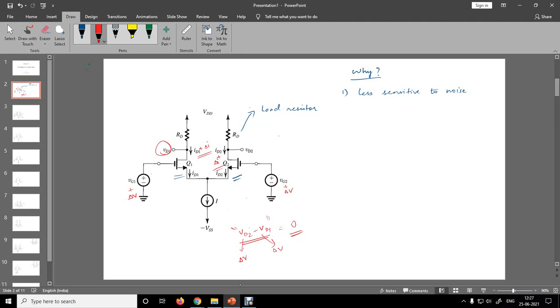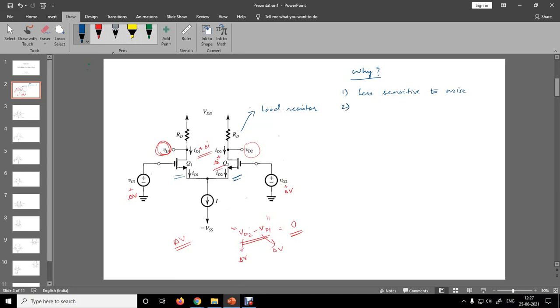Then when I take just VD1 or VD2 as my output, I have that delta V noise component in my output. But if I take the difference VD2 minus VD1, those noise components will both get cancelled. So this way you can reduce your noise by taking a differential output rather than a single-ended output. So one reason is that it is less sensitive to noise.